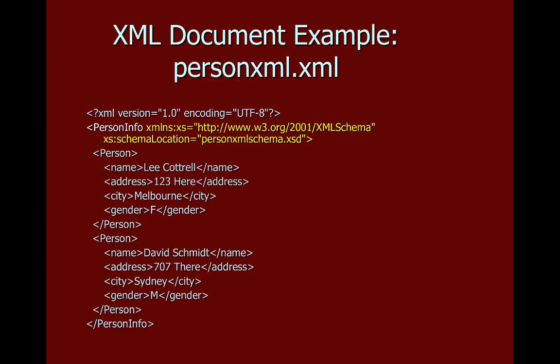And here's an example of an XML document that conforms to the schema in the previous slide. You just declare a standard way to associate this XML document with the XSD schema. It's saying that this XSD schema is based on the standard namespace and has been defined using tags from the standard namespace.